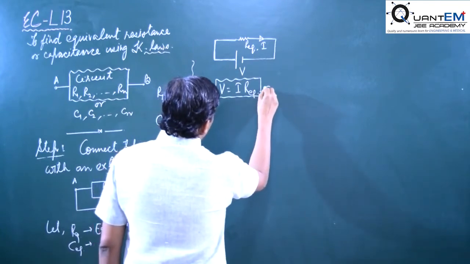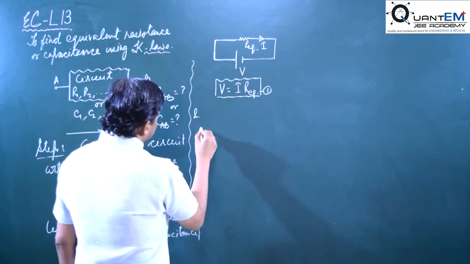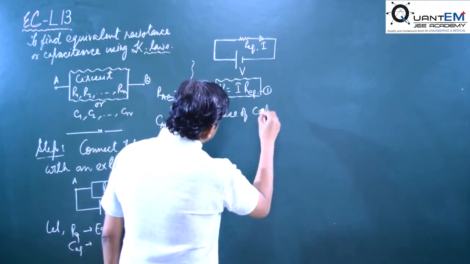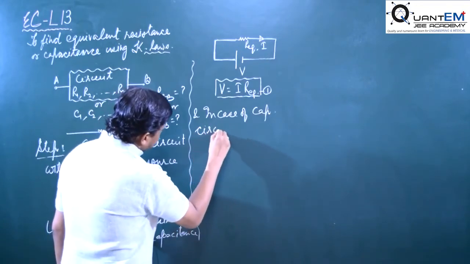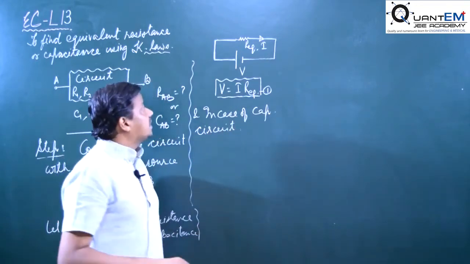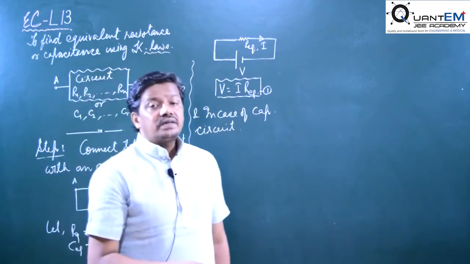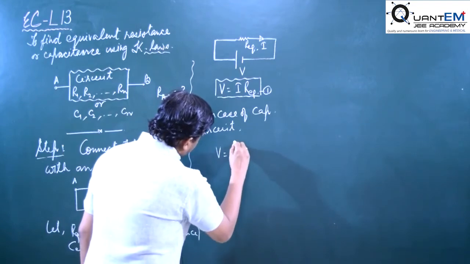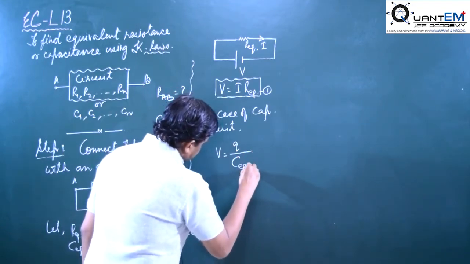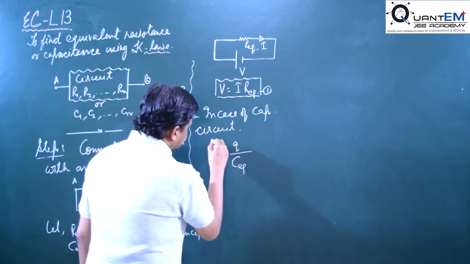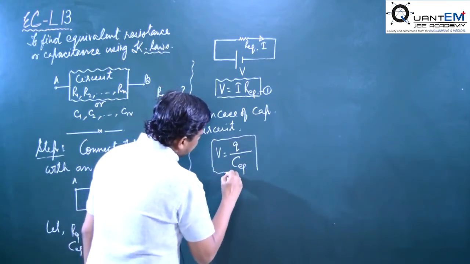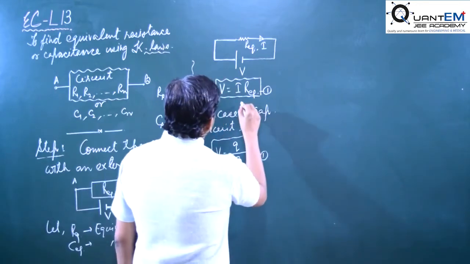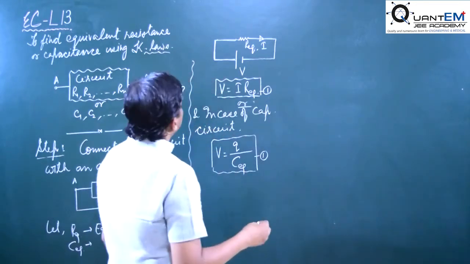It is equation 1. And in case of a capacitor circuit, we will have V is equal to Q by C equivalent. It will be the result for the capacitor circuit. So this one is result 1 for resistor and that one is for capacitor.